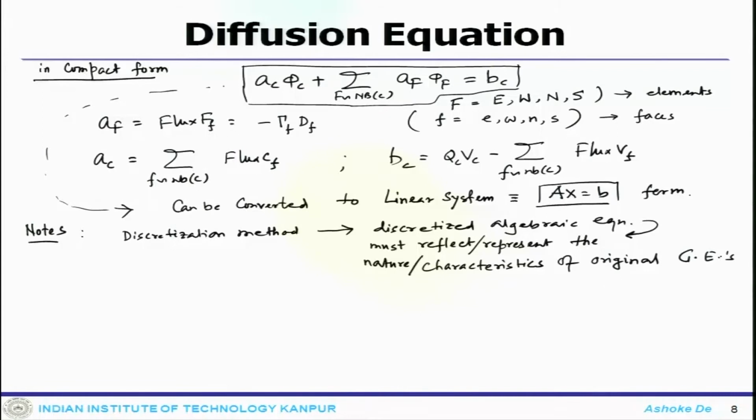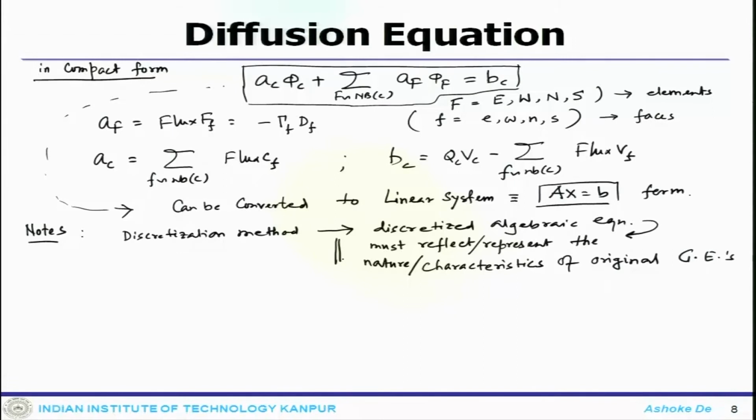So, how would one satisfy that? This could be satisfied with the properties that we have already discussed a couple of lectures back, that the discretized system must possess certain properties. Through those properties only, these important things must be retained.